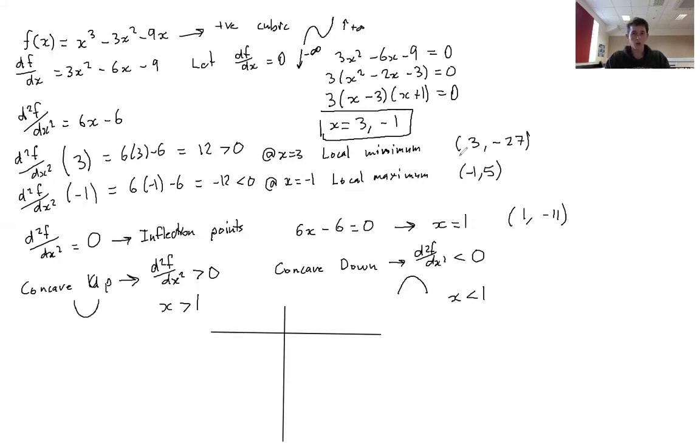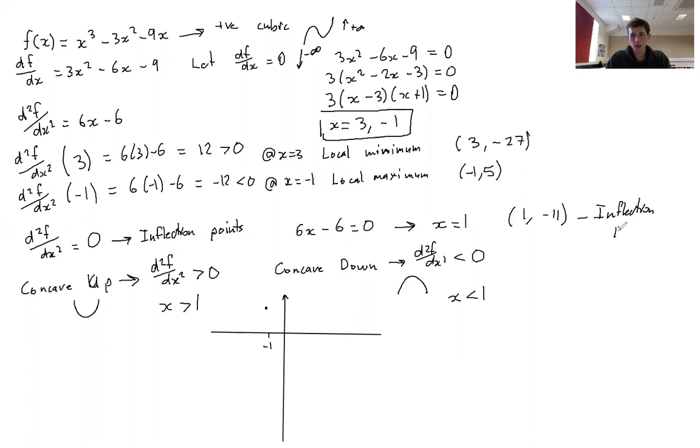Now, first of all, we just plot our extrema. At -1, we have the value of 5, sort of up here. That's not going to be exactly right at all. And this is our inflection point.